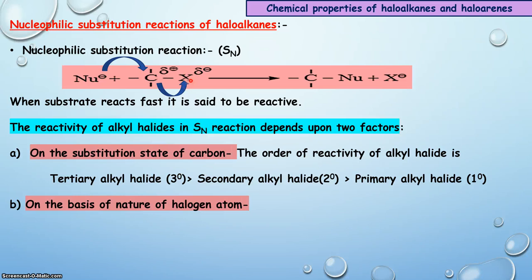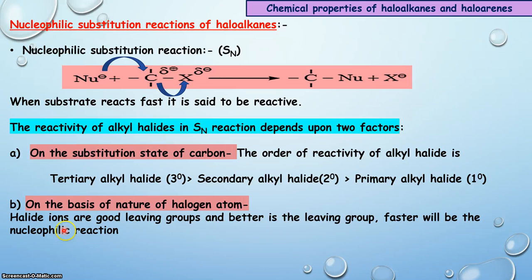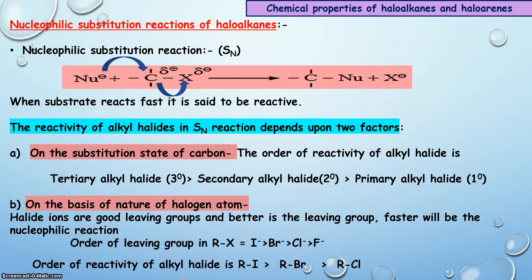What is this leaving group then? Leaving group is the group which leaves the carbon atom by taking away the bond pair of electrons. Halide ions are good leaving groups, and the better the leaving group, the faster the nucleophilic reaction. So the order of leaving group in alkyl halide is this, and the order of reactivity of alkyl halide is given here.